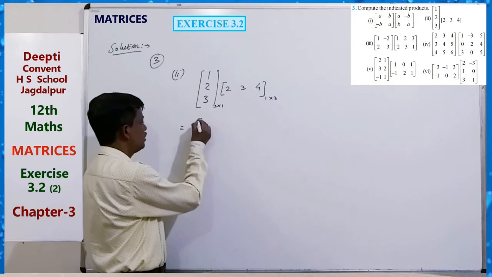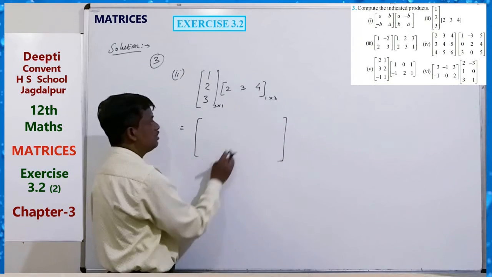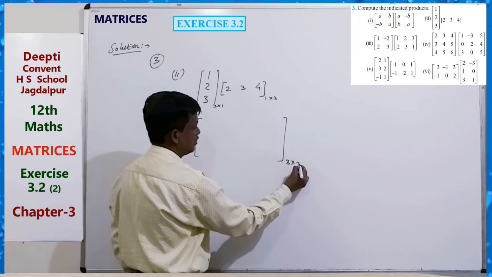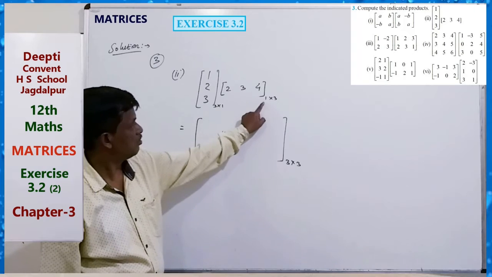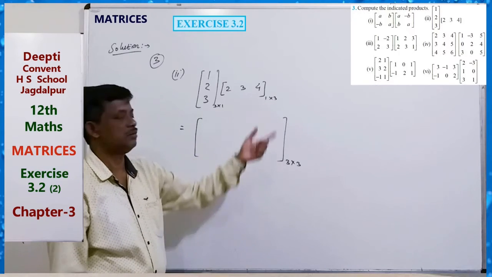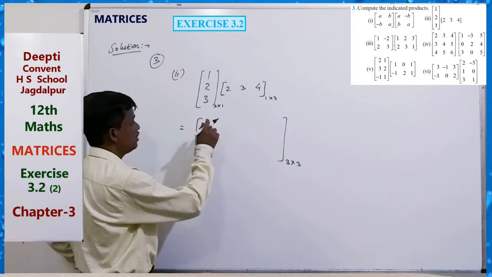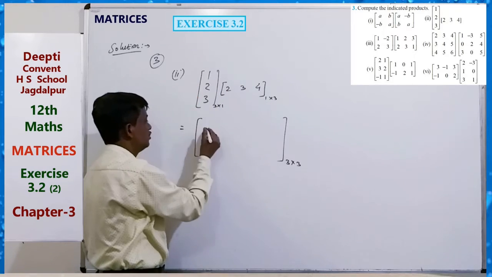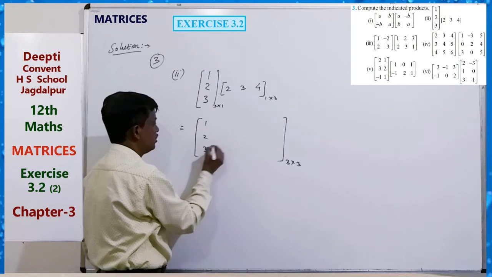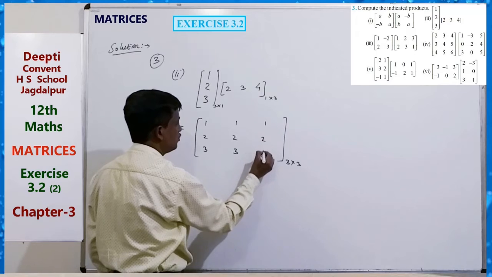Since 3 by 1 times 1 by 3, we get a 3 by 3 matrix. So the first row is written three times: 1, 2, 3, 1, 2, 3, 1, 2, 3.